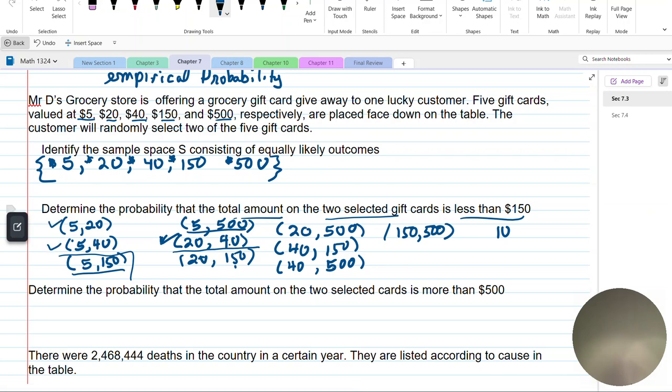So we have 3. So the probability that the gift cards are less than $150 would leave me 3 out of 10. 3, 6, 9, 10. Yep.